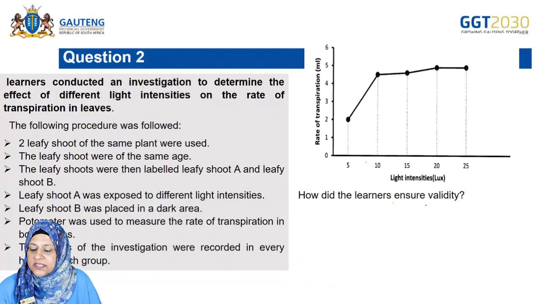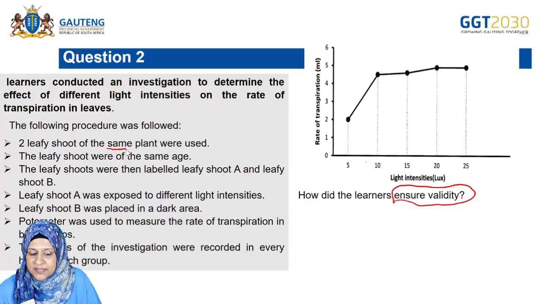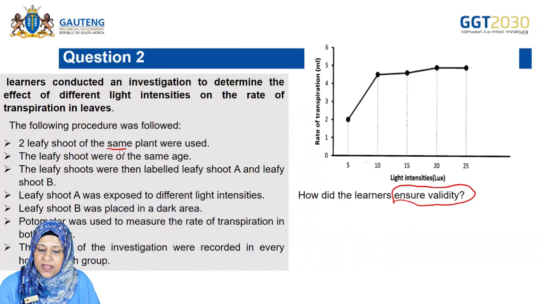Now, how did the learners ensure validity? We're looking at experimental design. They used the same plant. They didn't use different plants. They used the same plant, so the transpiration rate occurred similarly because it was the same plant.